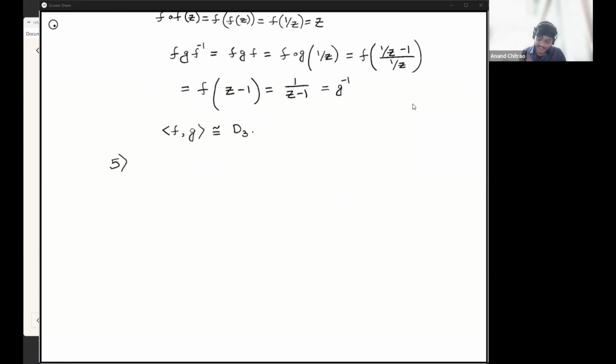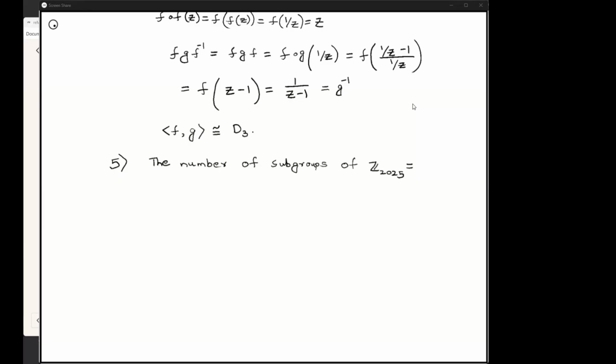Then the next question, a review question, is: the number of subgroups of Z2025 equals tau of 2025. So what's the number?